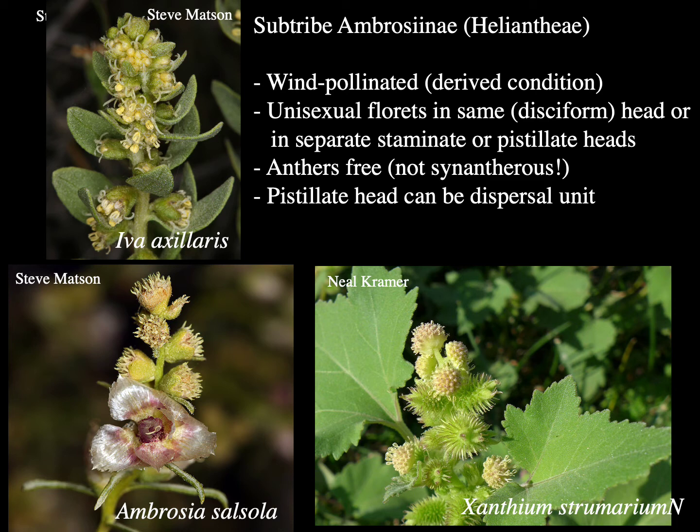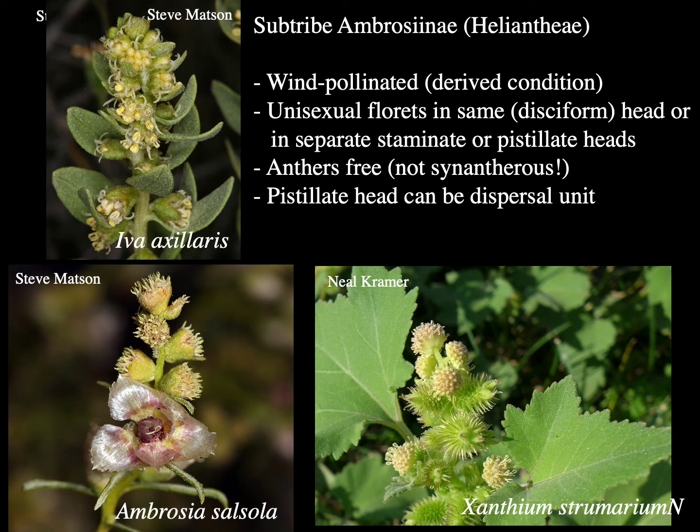So wind-pollinated florets are the condition found throughout this group, where we see unisexual flowers, as we see in other wind-pollinated groups of plants. And sometimes these unisexual florets are found in the same head, in which case the heads are disciform. They don't have showy rays. They have marginal peripheral florets. In Iva, for example, the poverty weeds, where we have a very reduced corolla, and then we have central staminate functional florets.